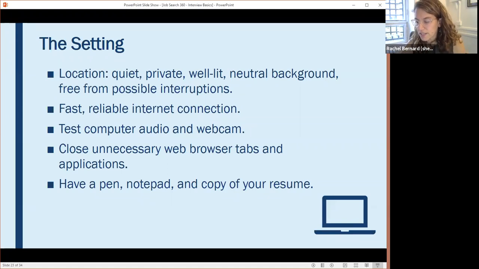And I do think it's always a good idea to have pen and paper so you can take notes, especially in a case interview or something. You take notes so that you don't lose your train of thought. If they ask a 2-part question, you can take notes on that. So I would definitely have a pen and a notepad with you as well.